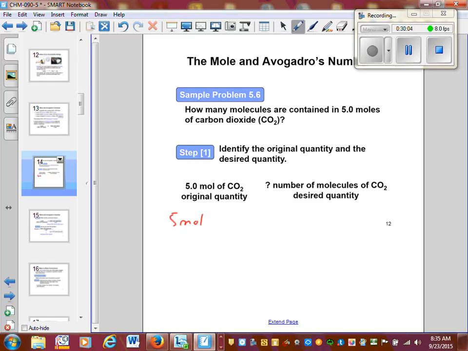We want to know molecules. So you're going to have mole here on the bottom. So 1 mole of CO2 contains how many molecules? 6.02 times 10 to the 23rd.